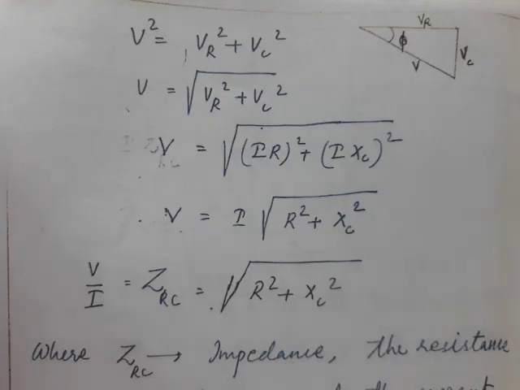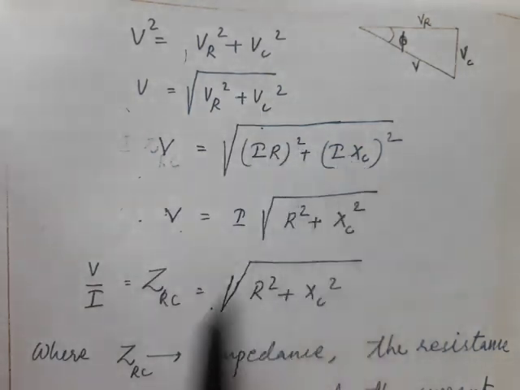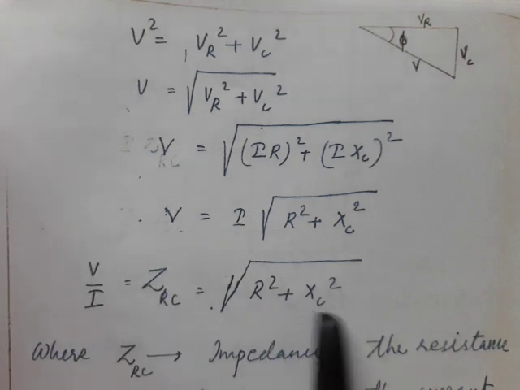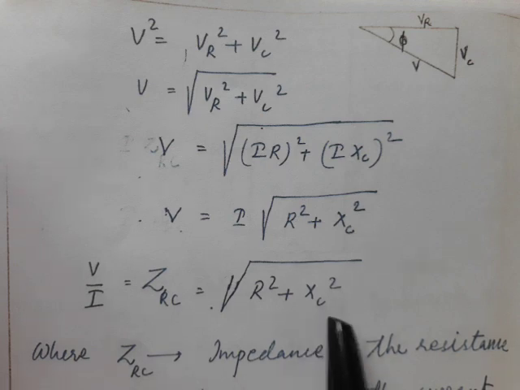Once again, as in the previous case, we apply the Pythagoras theorem and substitute the I values. V by I, in this case, we get the square root of R square plus XC square, where XC is the capacitive reactance, that is 1 by C omega.